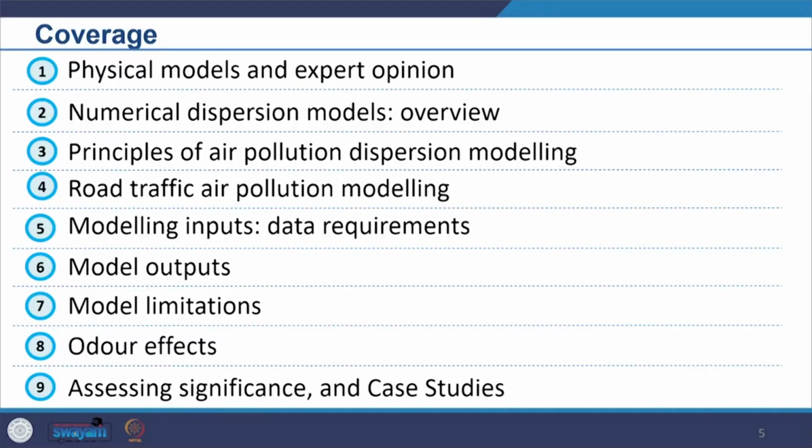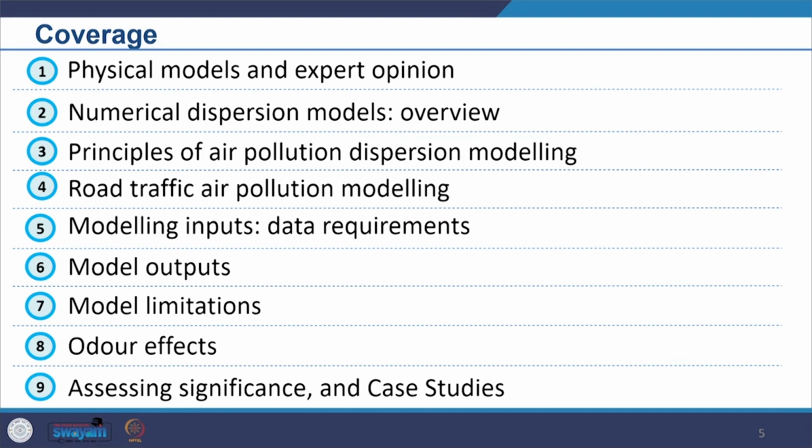Accordingly, the coverage under impact prediction and evaluation will include the background of it. We will look into the physical models and the expert opinion which are used, as well as numerical dispersion models. We will look into the principles of air pollution dispersion modeling, what is the idea behind it and what rules we follow. Then we will look into road traffic air pollution modeling.